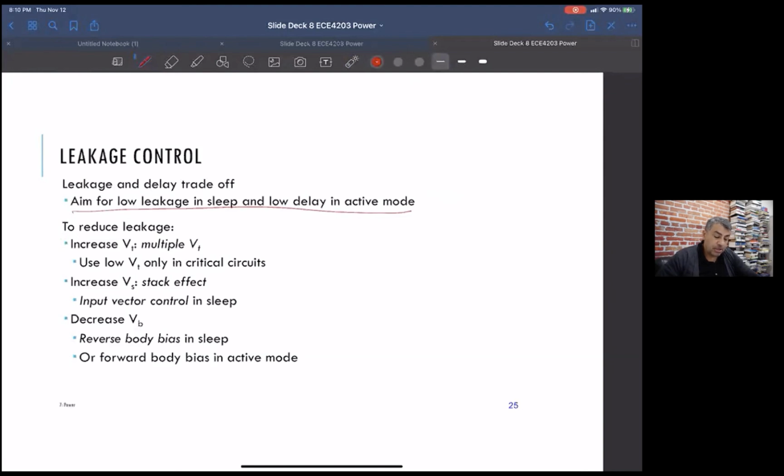But anyway, to reduce the leakage, we want VTs to be higher, because the subthreshold leakage is a function of how far your zero is from your threshold, how many hundreds of millivolts. So the solution is to use multiple VT values. Usually you have at least two, and only use the low VT values when things are critical, meaning high speed.